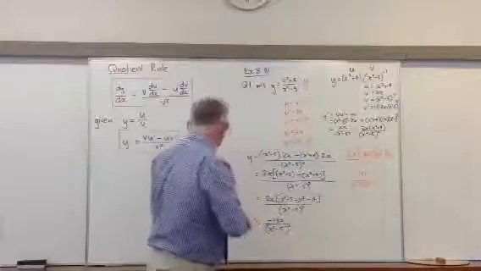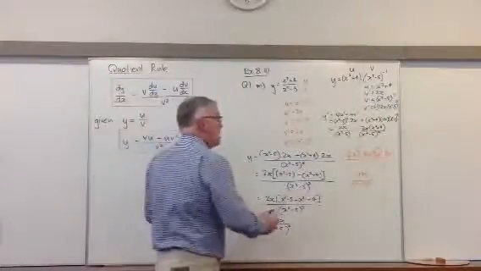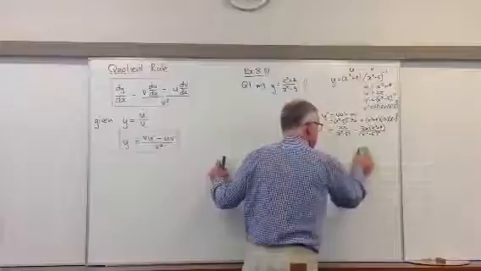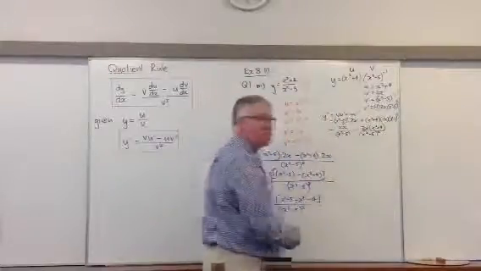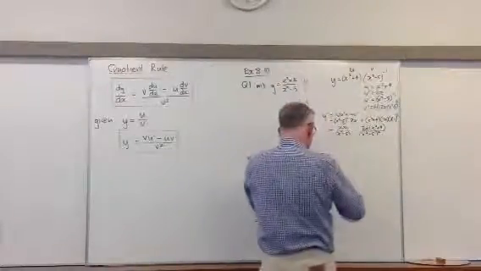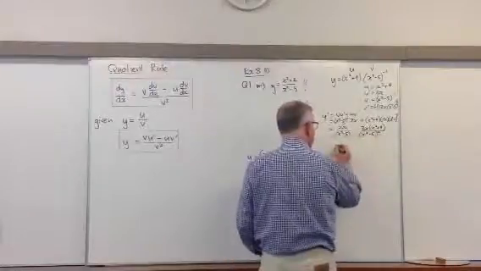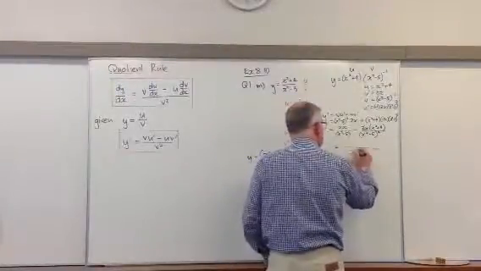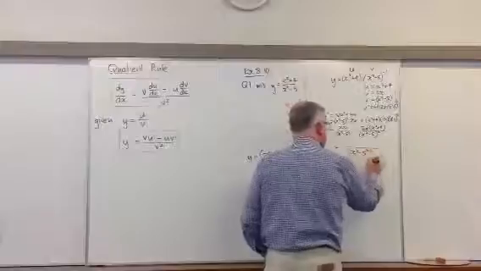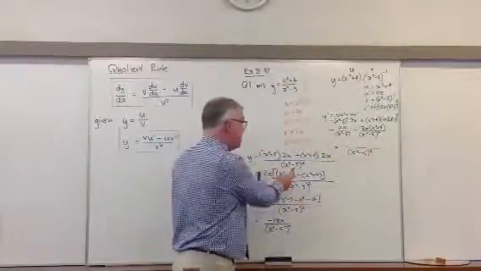And what do you have to do when you want to add fractions? You've got to have a common denominator. So the common denominator I would be getting is this one here, which would be x squared minus 5 all squared. So now it's starting to look like that already, isn't it?